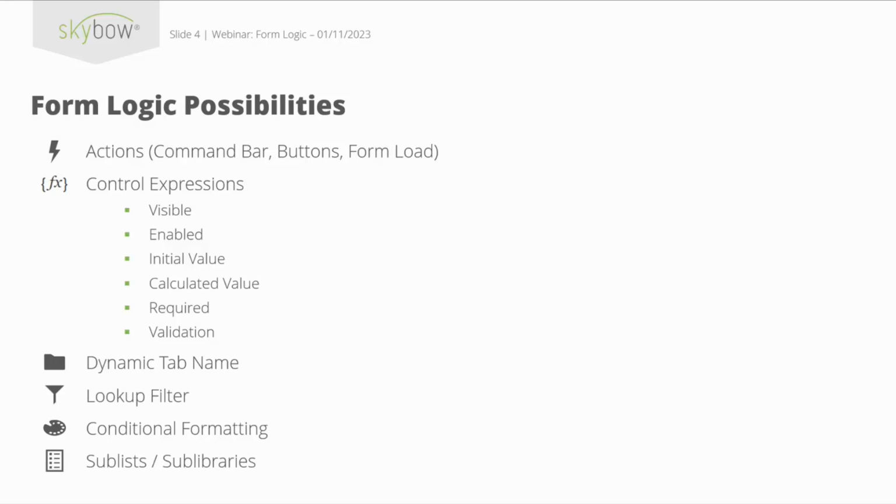Same is for calculated value. There we are not using these calculated fields which are there out of the box. Every single field and every field type we can turn into a calculated value or a calculated column, which is automatically calculated once you enter data into the form. The fifth option is the required.